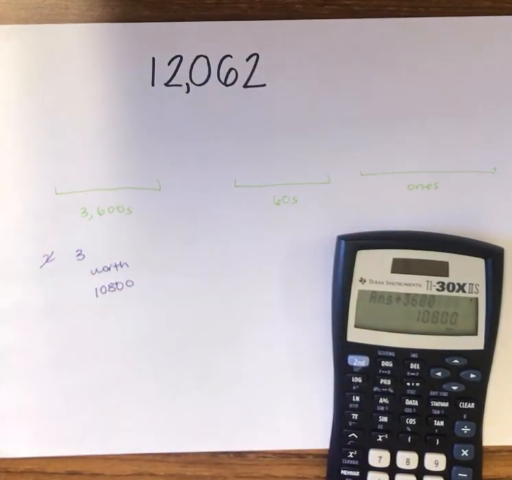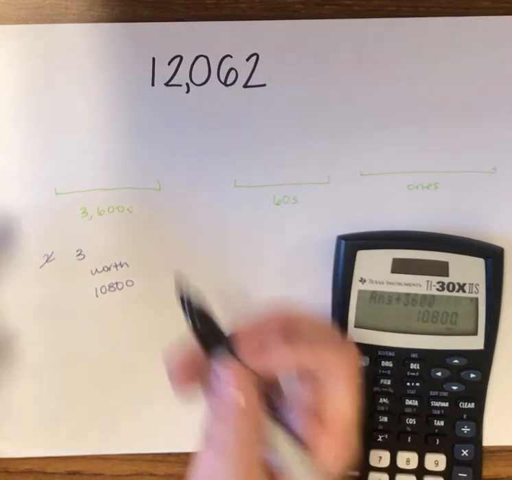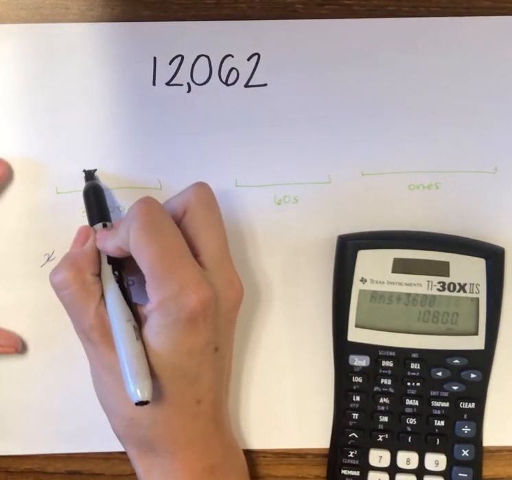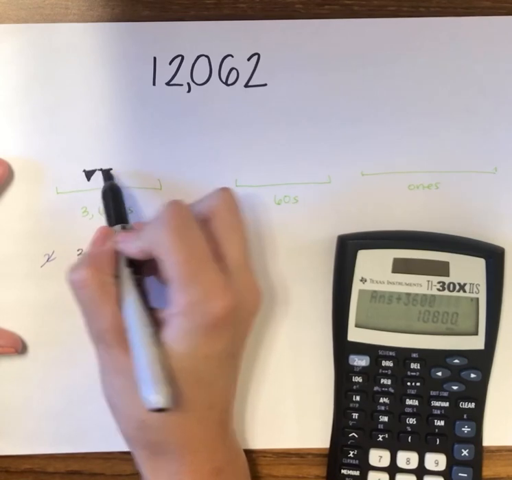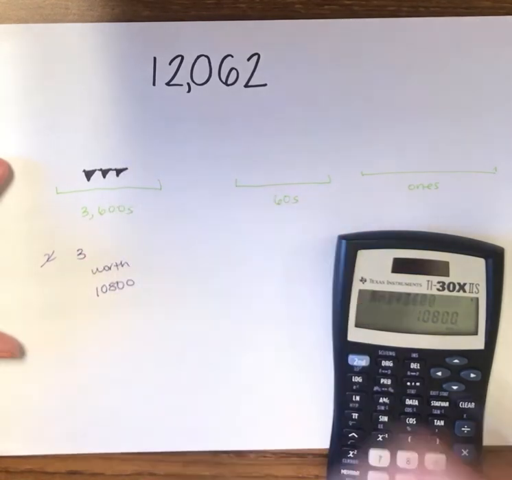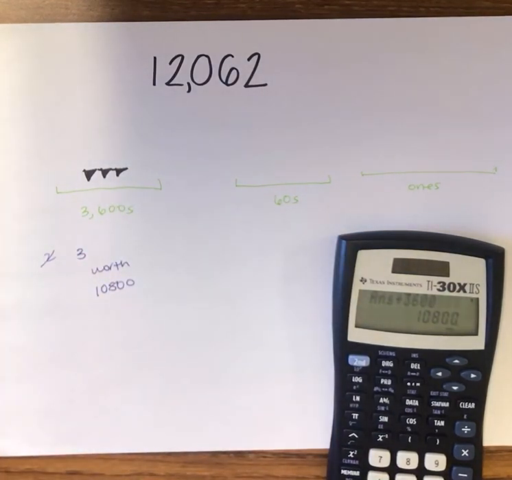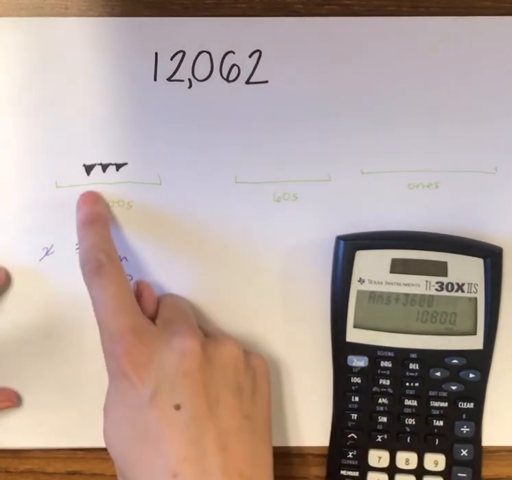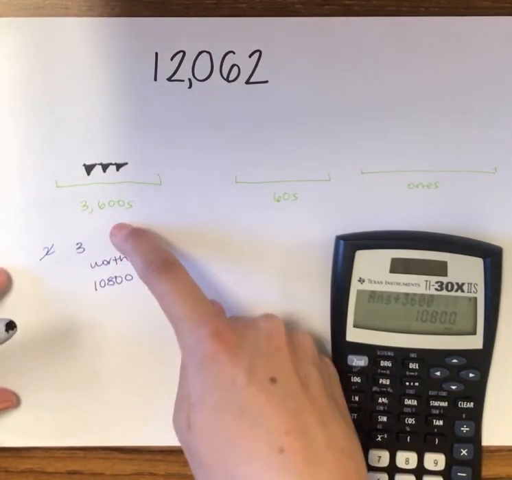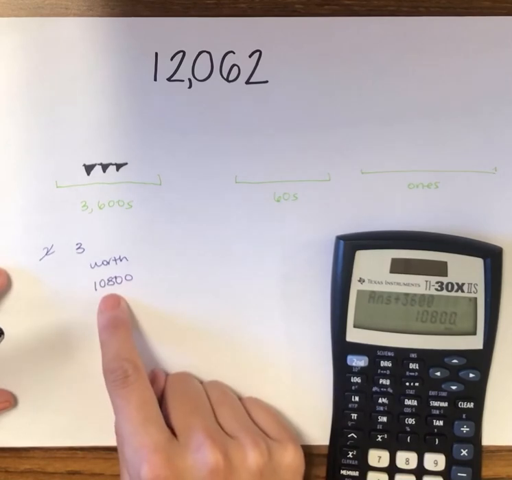So in my 3,600s place, I'm going to put the Babylonian for 3. So Babylonian for 3 is 3 ones. Okay, so these 3 ones in the 3,600 place are worth 10,800.